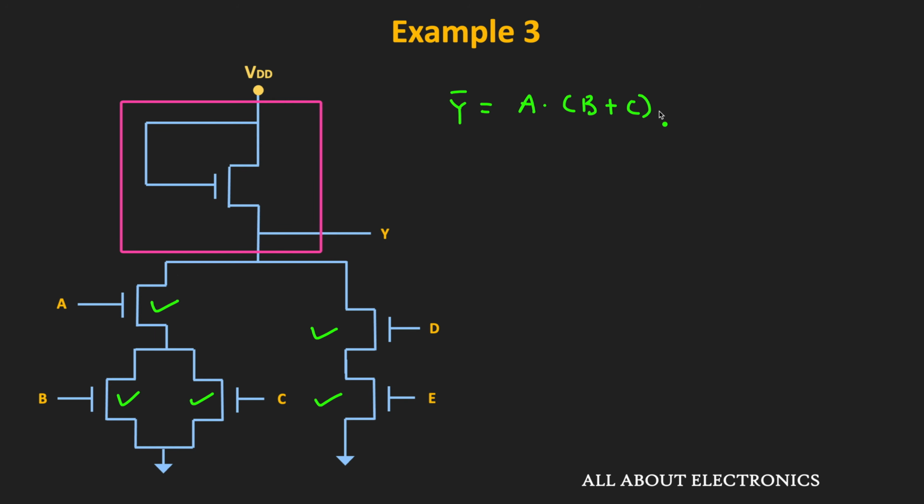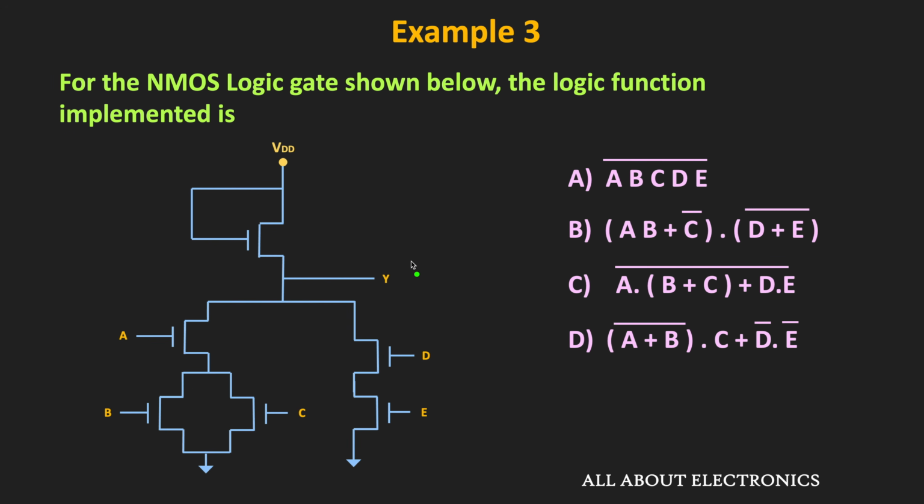Alternatively, for Y bar to be equal to 1, D and E both should be equal to 1. That means Y bar is equal to A dot (B plus C) plus D dot E. Or we can say that Y is equal to (A dot (B plus C) plus D dot E) whole bar. And therefore, for the given question, C is the correct answer.